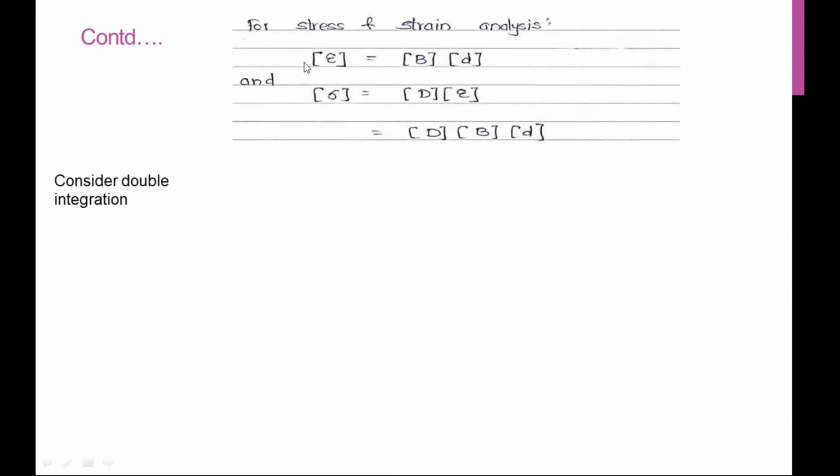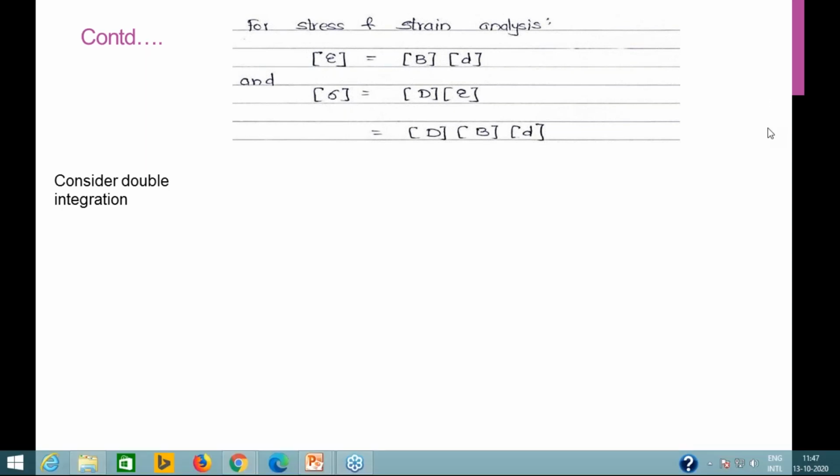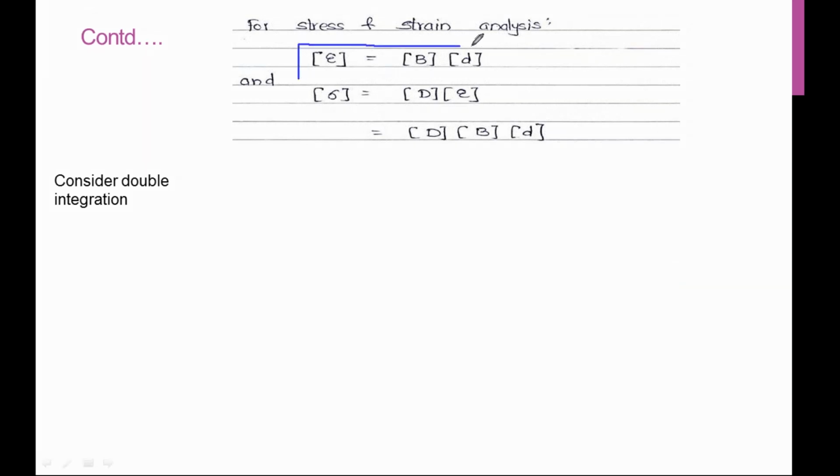Now see, you know the relationships we already covered in the first lecture, the stress-strain relationship and the strain-displacement relationship. Epsilon is equal to B matrix into displacement. This is the strain, this is the displacement.